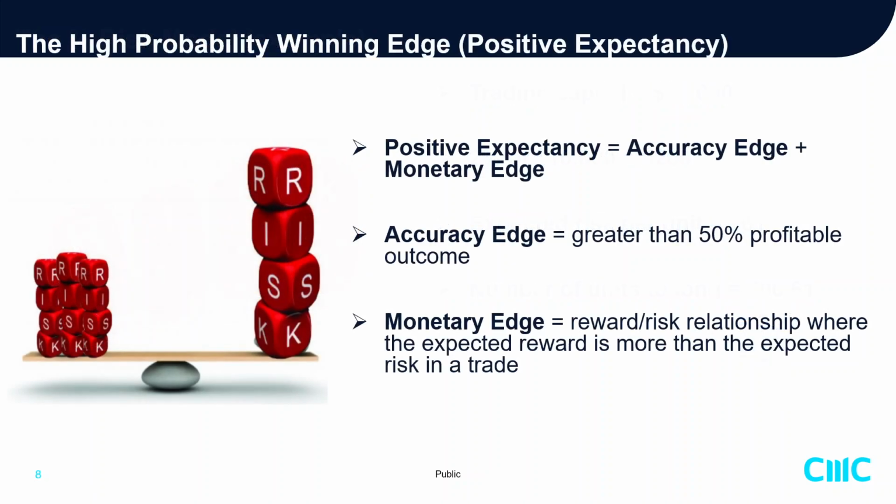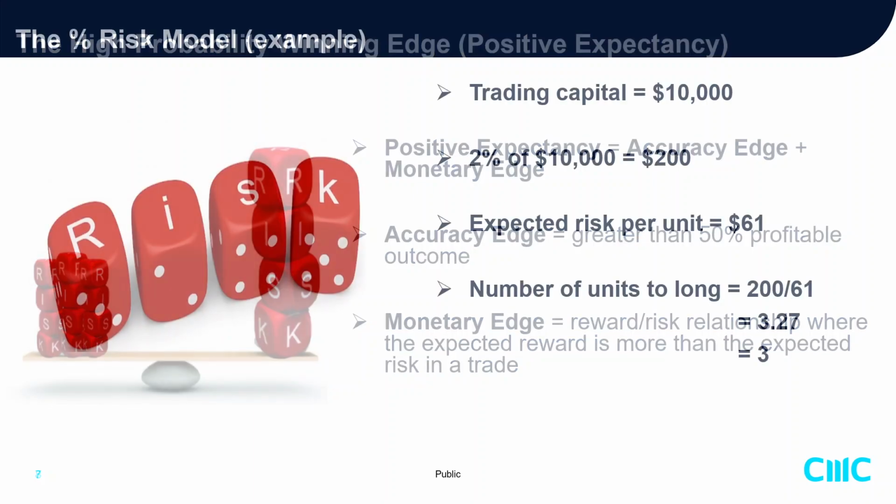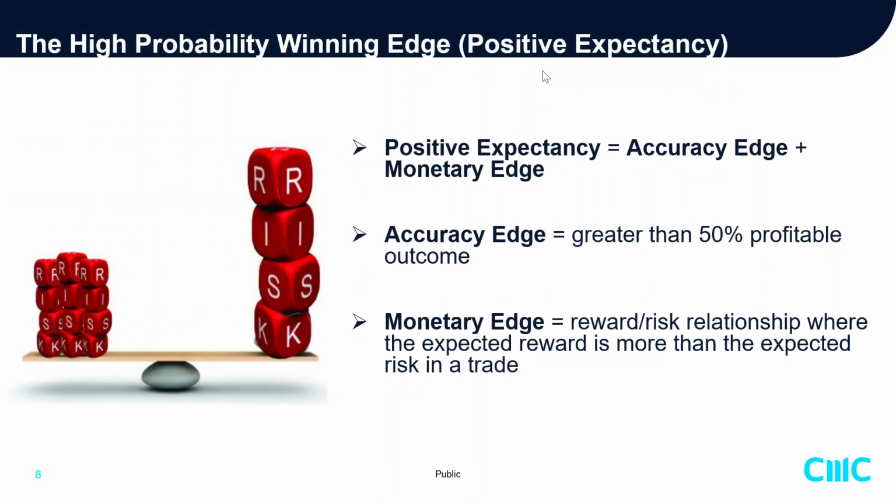Okay. So now you know the importance of position sizing and how we calculate it. In order to have what we call a high probability winning edge in my trading system, I need to obtain positive expectancy. Positive expectancy is broken down into two components called the accuracy edge and the monetary edge. The accuracy edge is defined by a greater than 50% profitable outcome.